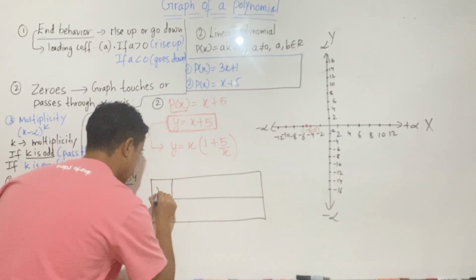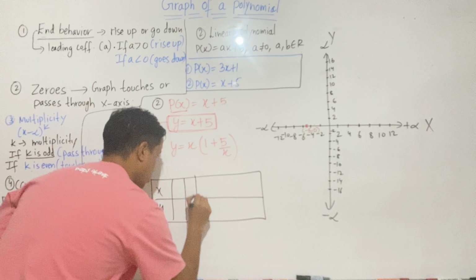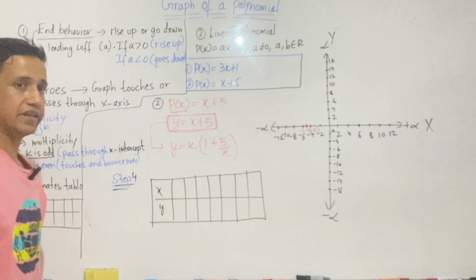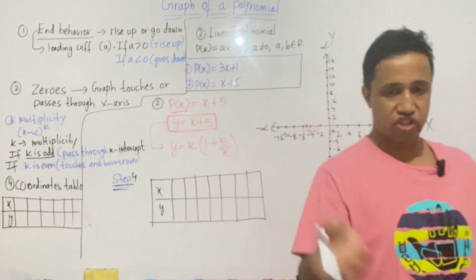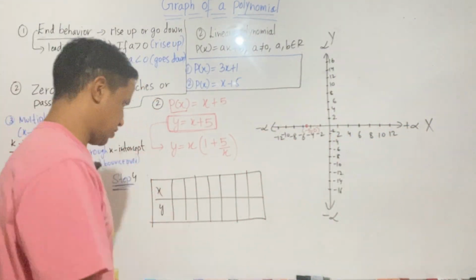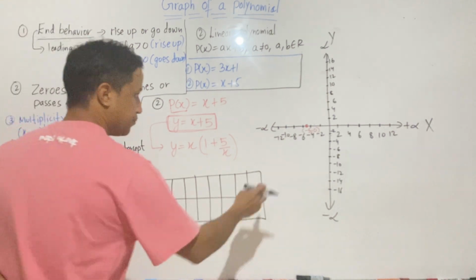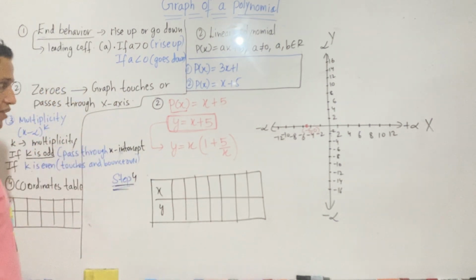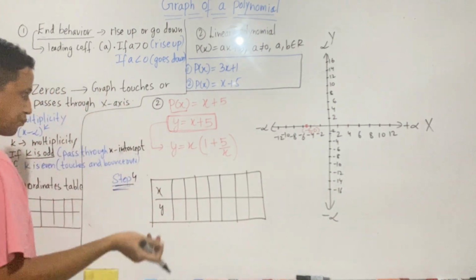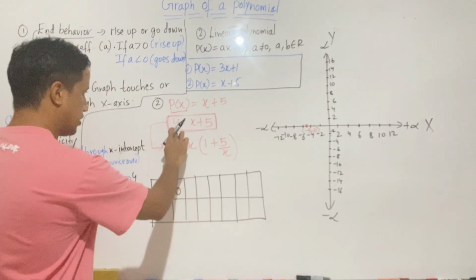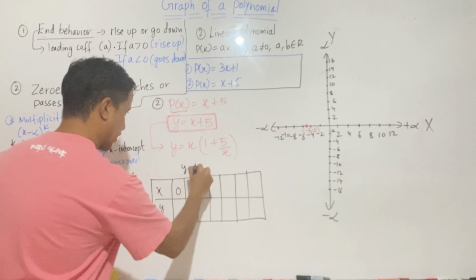Okay, this is x, y, so that we have more coordinates and it's easier for us to trace the located points. I have minus 5, 0 here because this is the zero. Then let me check: if I put the value of x as 0, then y equals x plus 5.